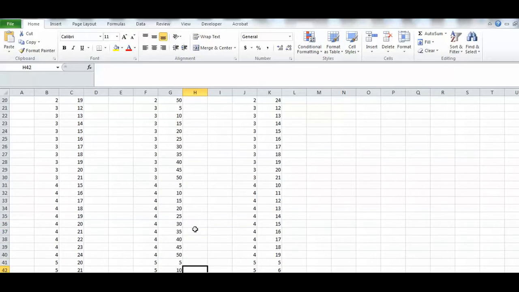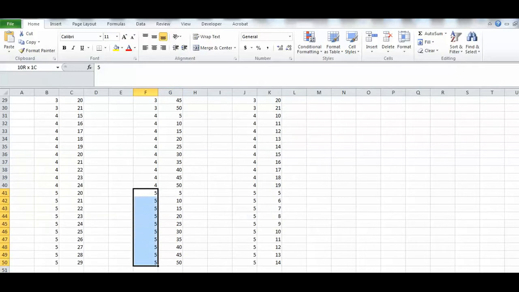And these people with 4 children, we're seeing the same numbers over here again for hours of work. And these 5 people with 5 children are working the same number of hours per week, between 5 and 50. Let's make a scatter plot and see what this looks like.